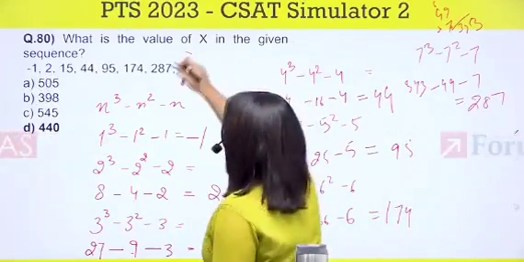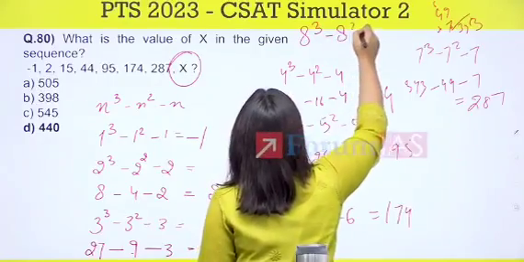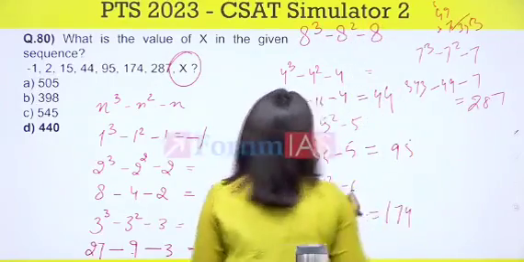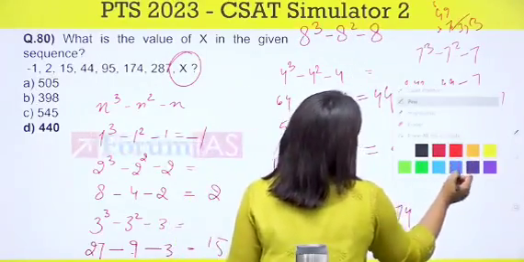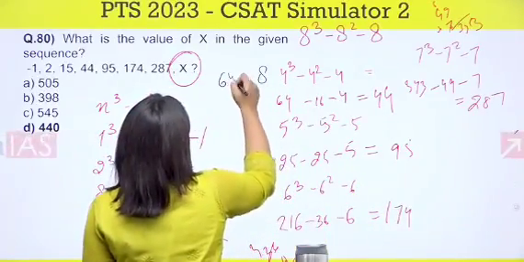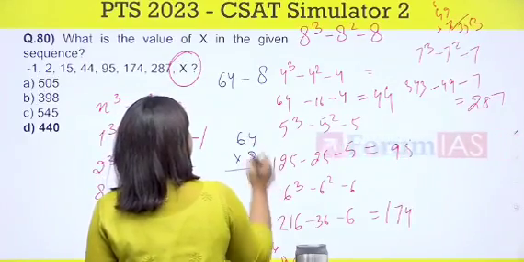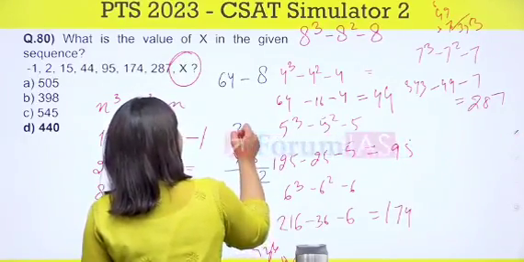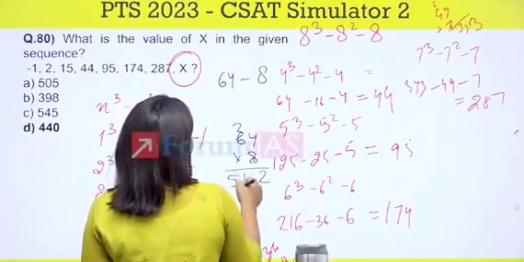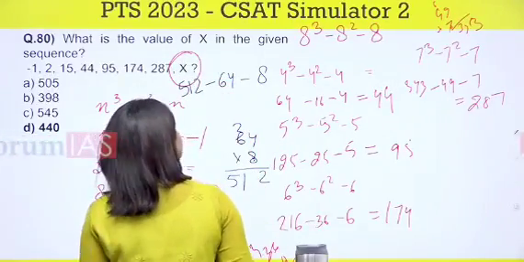My final answer for x is going to be 8 cube minus 8 square minus 8. How much is it? It is 8, 64, and 64 into 8 is 512. 512 minus 64 minus 8.